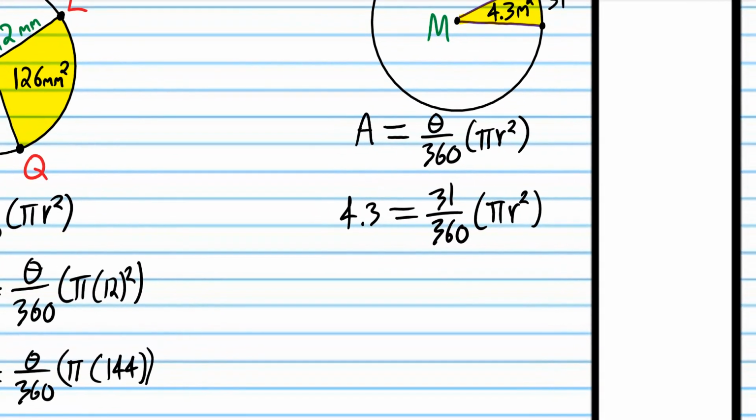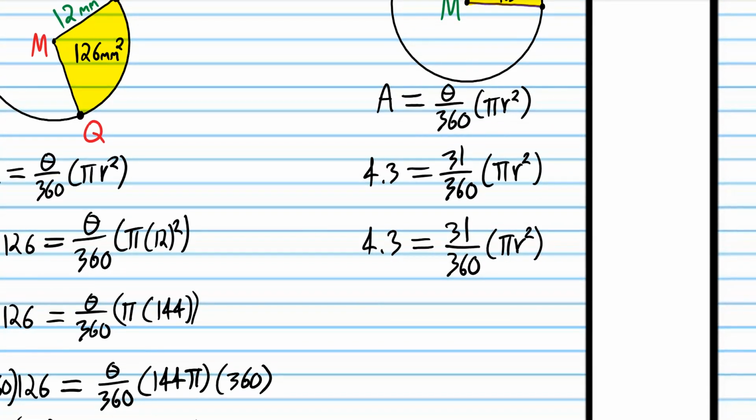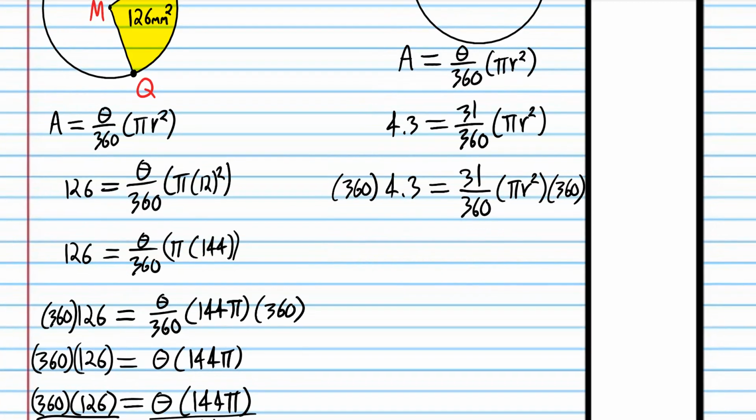So at this point we have an equation with a fraction and a square, and we're trying to isolate r. We need to isolate r squared. So I'm going to multiply both sides by 360 to get rid of that fraction, because that's the opposite of dividing by 360.